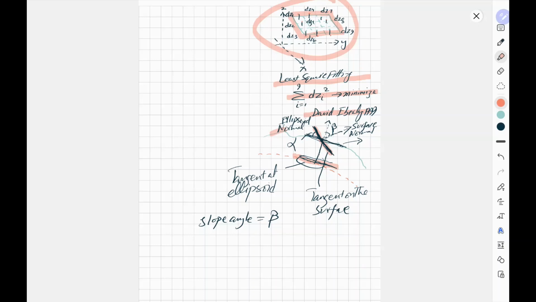You take the angle between the normals. This is the tangent of the ellipsoid, and this is the normal of the tangent of the ellipsoid. This is the tangent on the surface, and this is the normal of the tangent of the surface. The angle between these two will give you beta, and this beta is the slope.